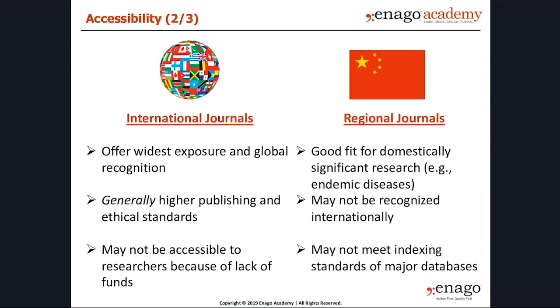But for example, the Web of Science, who make impact factors, they have a separate Russian index, a separate index for Latin American journals that are from those regions. That's not in the main Web of Science with all the international journals. So there is a difference there as well that you might need to consider.